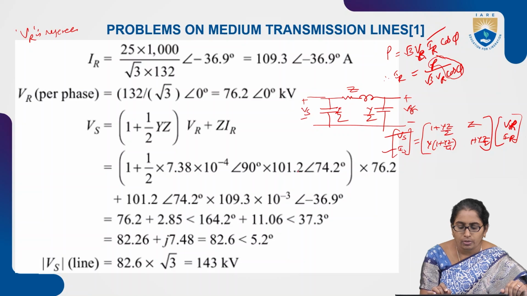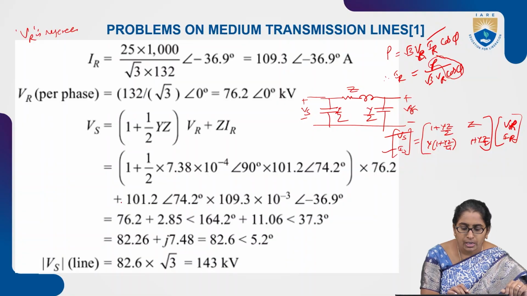Z is 1.2 at an angle 74.2, and VR is substituted as the per phase value, 132 by root 3, which is 76.2 kilovolts. It is substituted in kilovolts only.